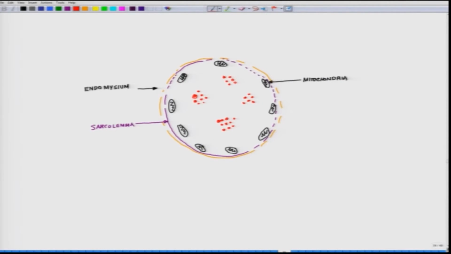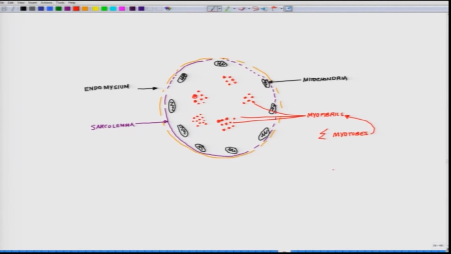Within these individual muscle fibers, you see even further self organization of, these are all the myofibrils. And I told you how the myofibrils originated. Myofibrils are the summation of the myotubes, they form myofibrils.